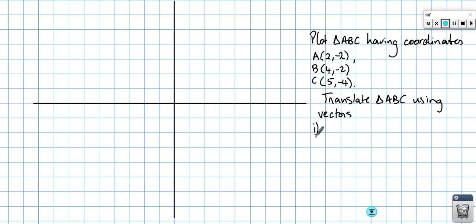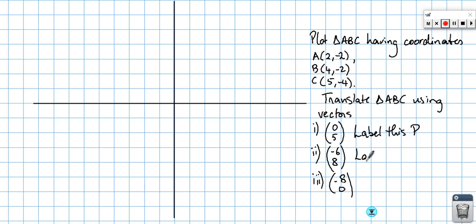Number 1 is going to be the vector 0, 5. Number 2 is going to be the vector minus 6, 8. And 3 is the vector minus 8, 0. Label this triangle P, label this triangle Q, and label this triangle R. Hope you do well.